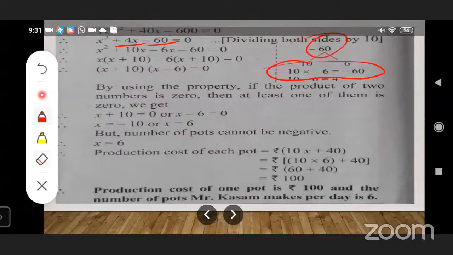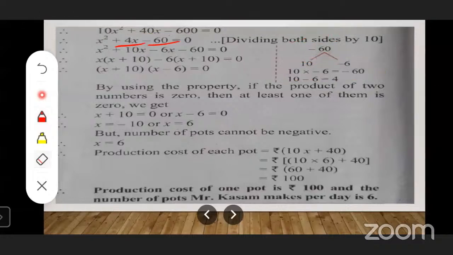So this is how I had taken these factors, that is 10 and minus 6. When I am taking 10 and minus 6, 10 minus 6, I am getting plus 4, and when I am multiplying 10 into minus 6, I am getting minus 60, right?